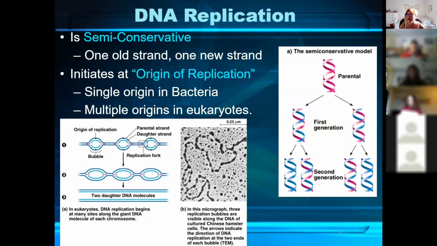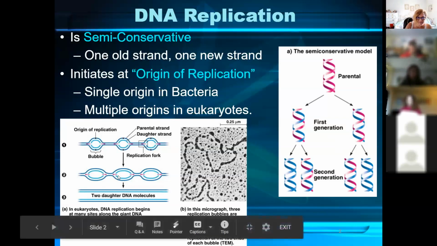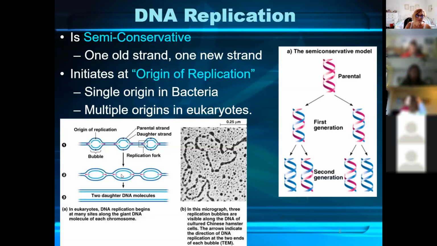So it's going to divide and conquer basically. So you can see these replication bubbles. You can refer to point of origin or origin of replication at the beginning of the bubble, and then it's going to work its way out. If this was a bacterial cell, it only has one point of origin, and it goes around the circle.